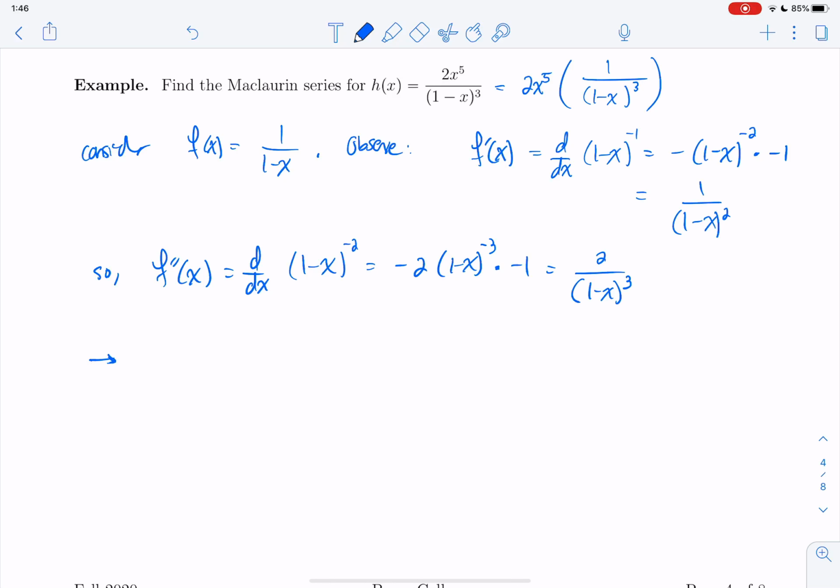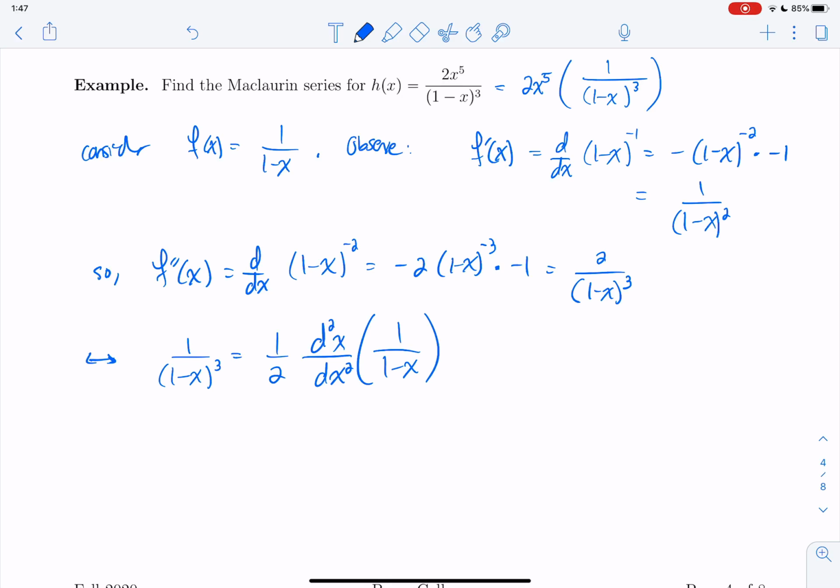What this tells me is then that 1 over 1 minus x cubed is equal to 1/2 the second derivative with respect to x of the original function 1 over 1 minus x.